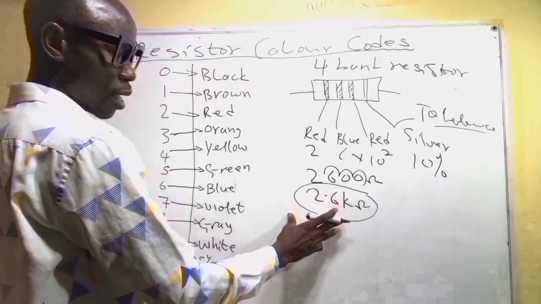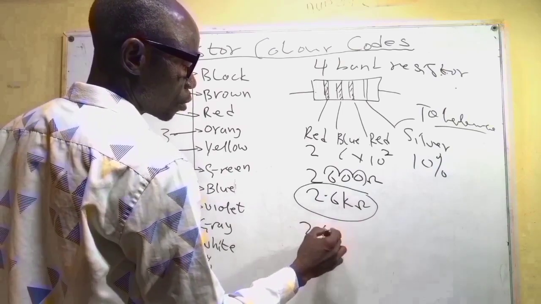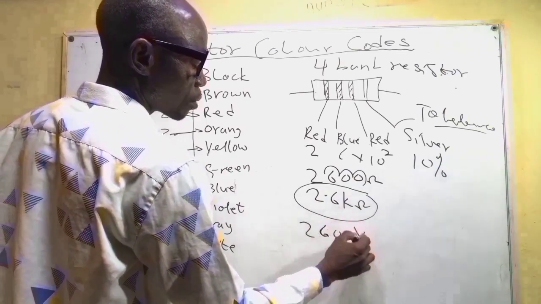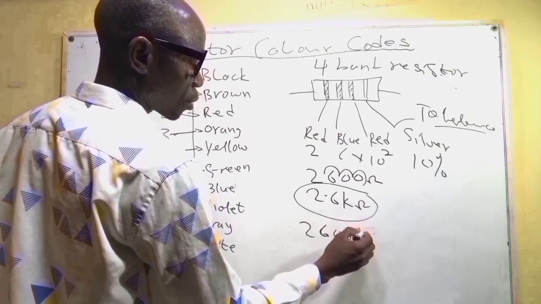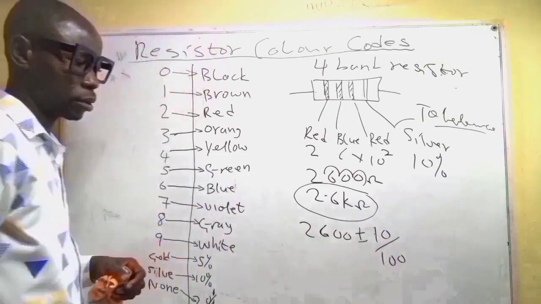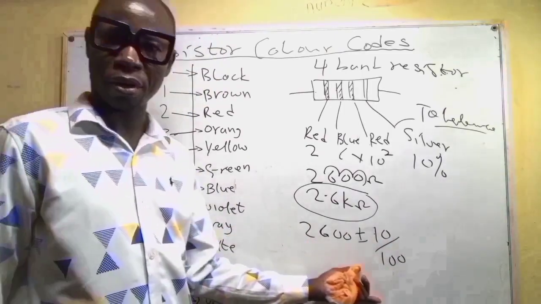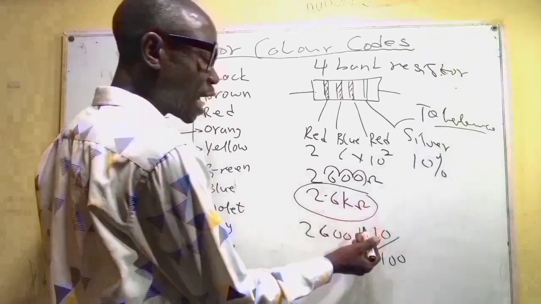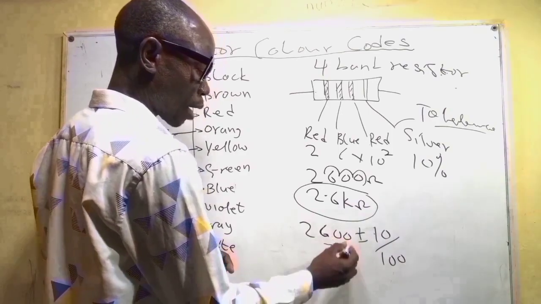So here you multiply 2600 times, no, it's plus or minus 10/100. You see. So in this calculation, after your calculation, you either deduct the answer from this or add it.